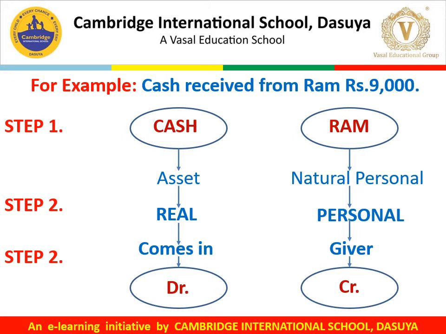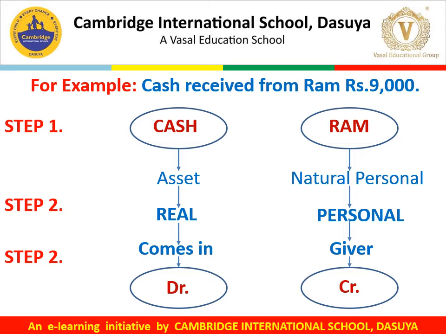It is very clear from the transaction that cash is coming into the business, whereas Ram is the giver, meaning Ram gives the money to the business. After analyzing the effect, we have to apply the rule.